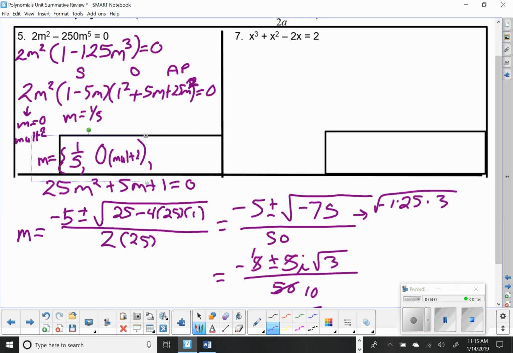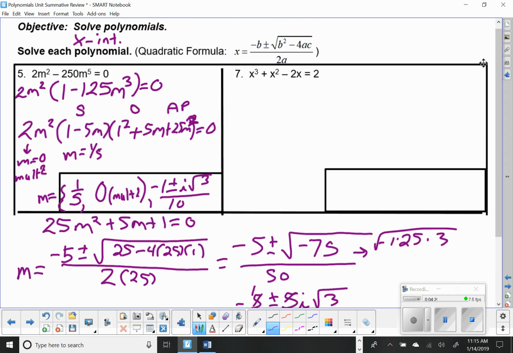And then I have negative 1 plus or minus i root 3 over 10. So there's 1, 2, 3, 4, 5 solutions. I did it. See? Now this one you had to use greatest common factor factoring, difference of cubes, and then the quadratic formula. Lots of stuff from prior knowledge.